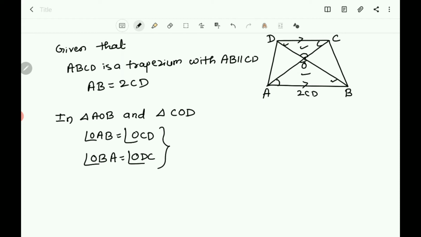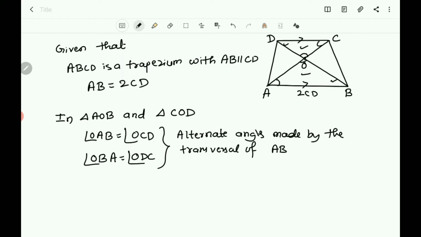The reason you give is the same, the common reason: alternate angles made by the transversal of AB parallel to CD.